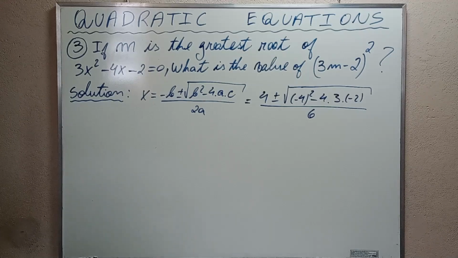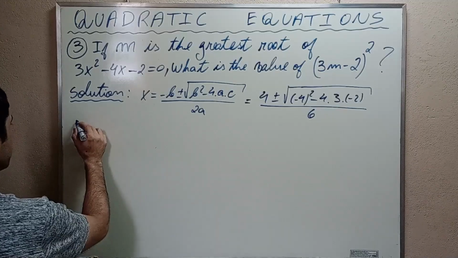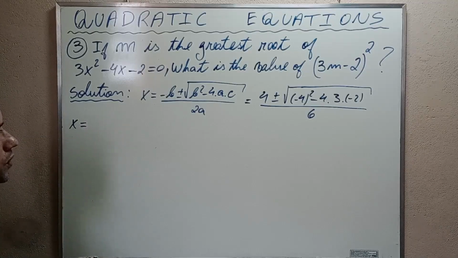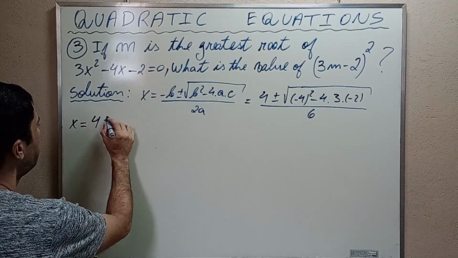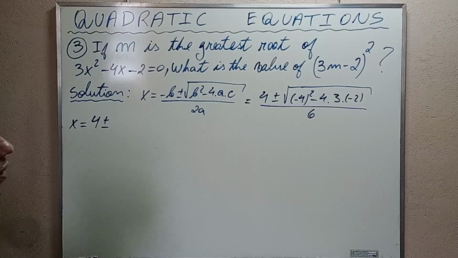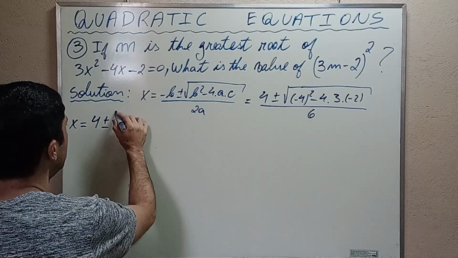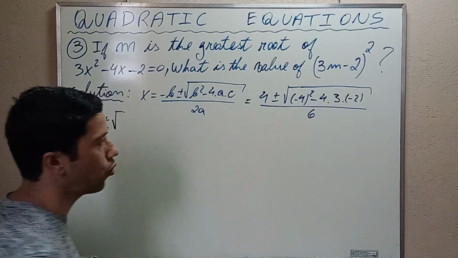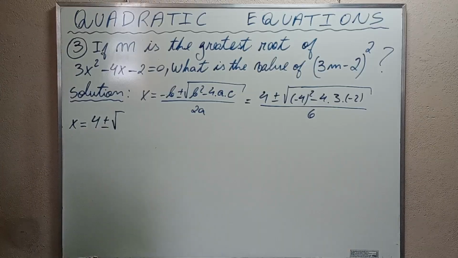Simple mathematics now. Let's work on this. x is equal to 4 plus minus the square root of negative 4 squared, which is equal to 4 squared, which is equal to 16.